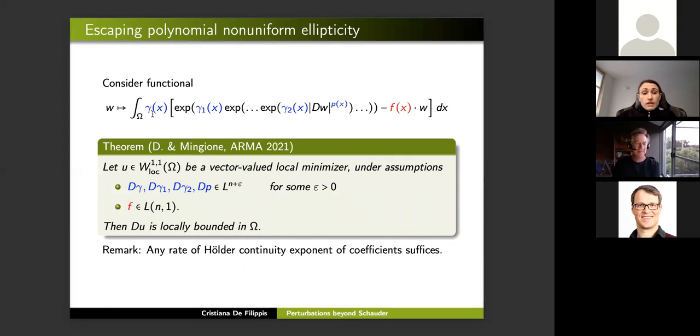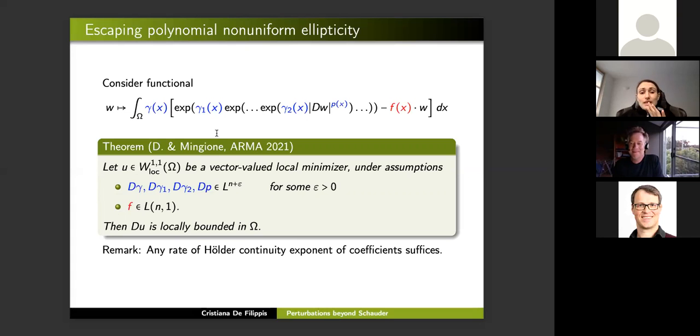So let's have a look at this kind of monster variational integral, which consists of iterated exponentials with coefficients and a right-hand side term. If the gradient of all these quantities belongs to Ln+ε, whatever epsilon you want, and f is in Ln1, then the gradient of these variational integrals is locally bounded.